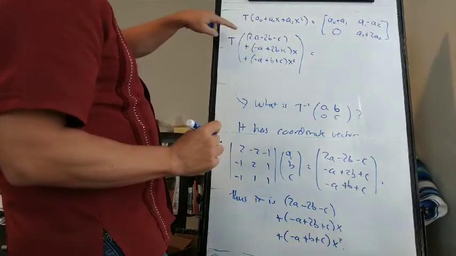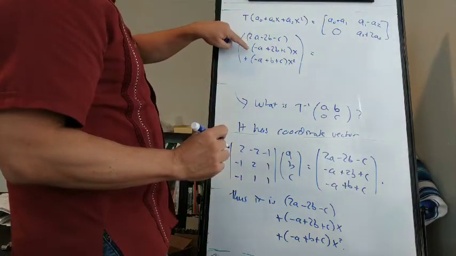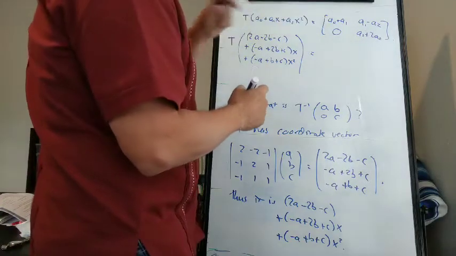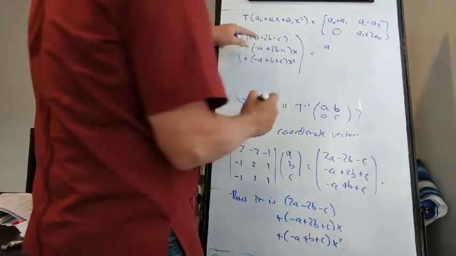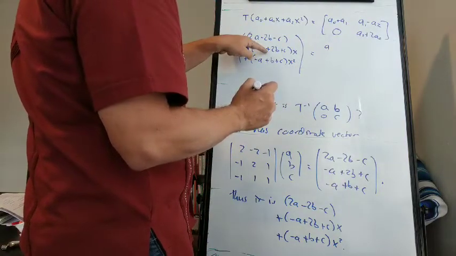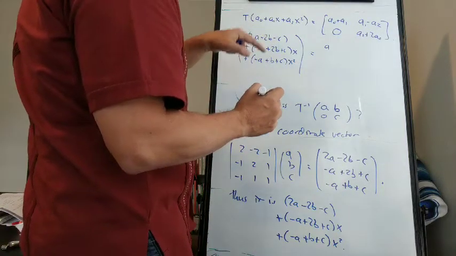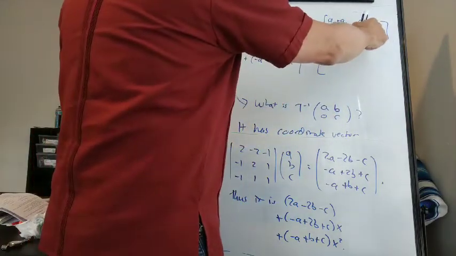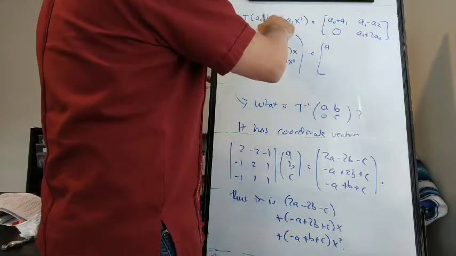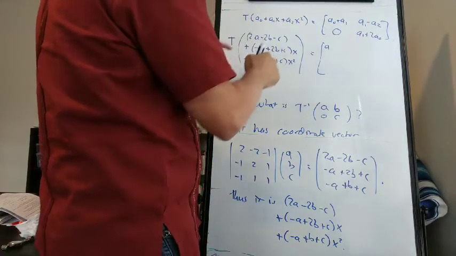We should take the constant term plus the coefficient of x, add them together, and get this component. So 2A minus A is A, negative 2B plus 2B is 0, negative C plus C is 0. So A is that first component, that's good. And then to get this component, we should take the coefficient of x minus the coefficient of x squared.